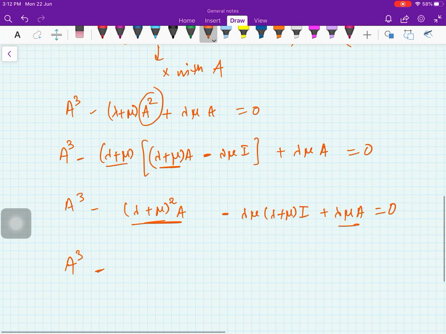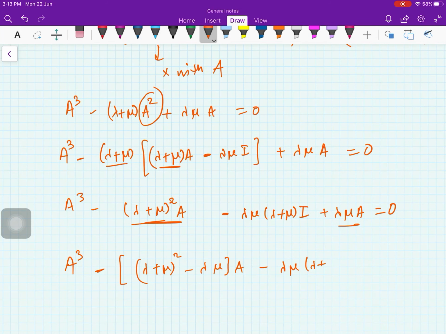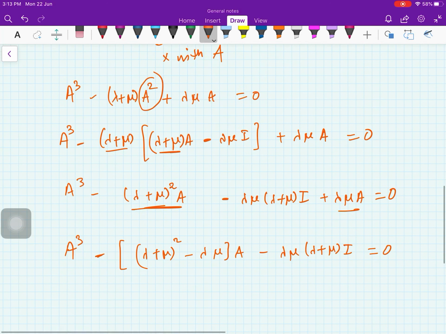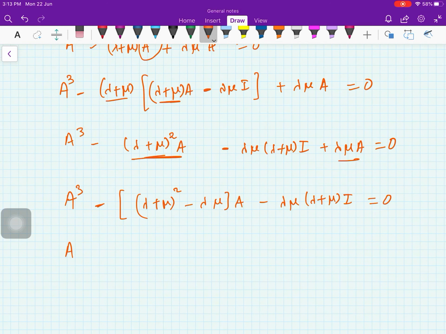Taking the minus outside, you have lambda plus mu square minus lambda mu, so A cube minus lambda square plus mu square plus lambda mu into A minus lambda mu lambda plus mu I equal to 0.